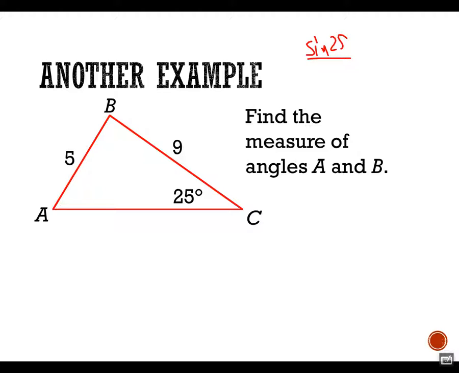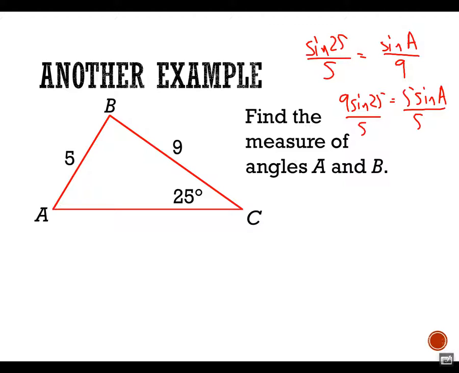What'd you say? Sine of 25 over 5 equals sine of A over 9. What'd you do first? Cross multiply. And got 9 sine 25 equals 5 sine A. Then what? I divided 9 sine 25 by 5, divide both sides by 5, and then I did the inverse sine.